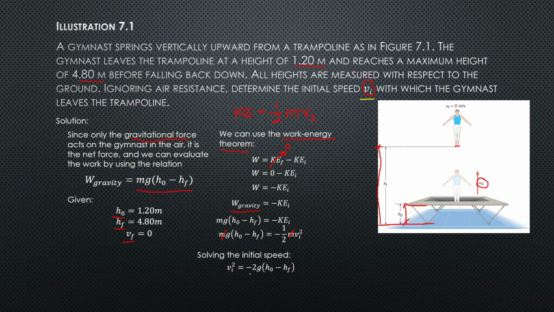Then square root both sides gives you this value. And substituting all the given, so -2g, which is 9.81, h sub o is 1.20, and final height is 4.80. So the initial velocity is 8.4 meters per second.